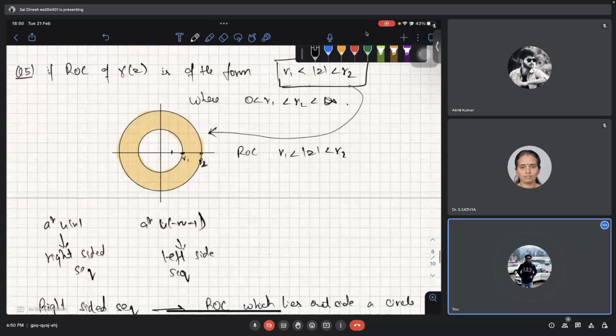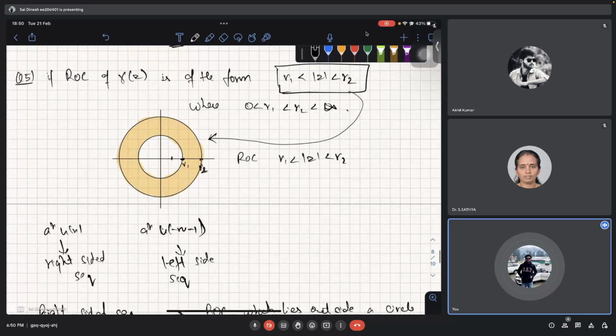So what do you think is the intuition behind having an ROC in between the two circles? Can anyone answer?